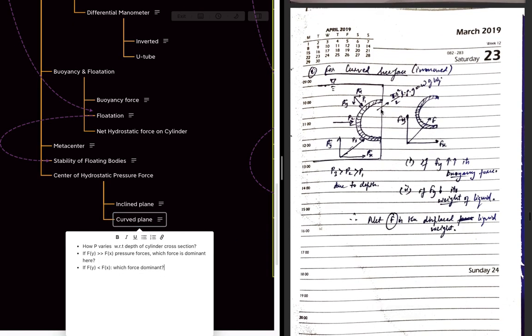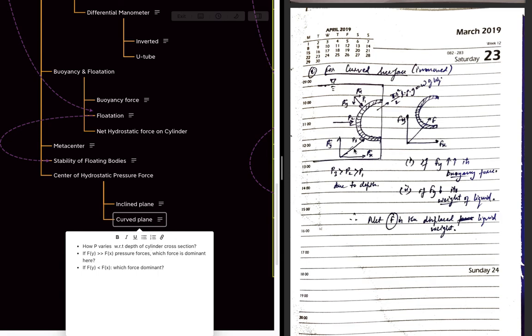And another one is the curved plane. This is a curved plane like this, and there is a liquid here, and we are considering only half of the plane. So how does P vary with respect to the depth of the cylinder cross section? The pressure here will be less than the pressure here because the depth is higher, so the pressure will be higher here. If Fy is greater than Fx, which force is dominant here?